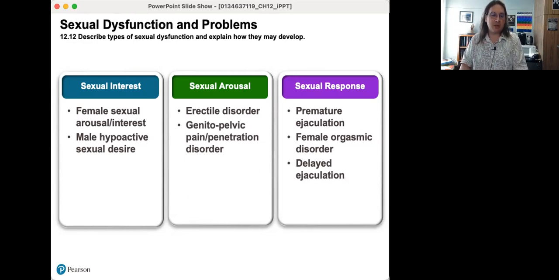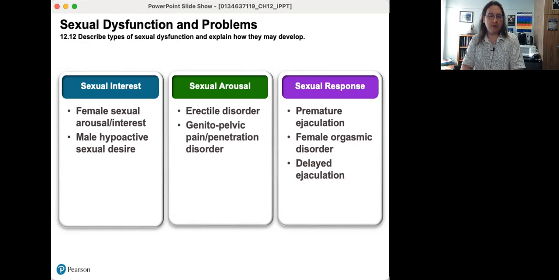So sexual interest problems can look like female sexual arousal interest issues. They may not be as active or interested as they used to be. Male hypoactive sexual desire is oftentimes described as the male's lack of sexual desire, or even fanning out into the sexual arousal department where erectile disorder would occur, meaning that they are having a hard time forming an erection, which would hinder one's ability to have intercourse and connect with that person if that's important in that relationship.